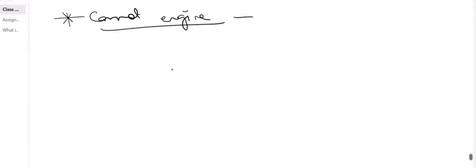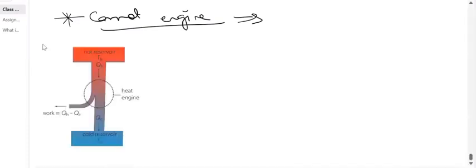Sure. So now the next part is Carnot cycle and Carnot engine. Basically the Carnot engine is shown like this. Have you seen the heat engine of a vehicle?